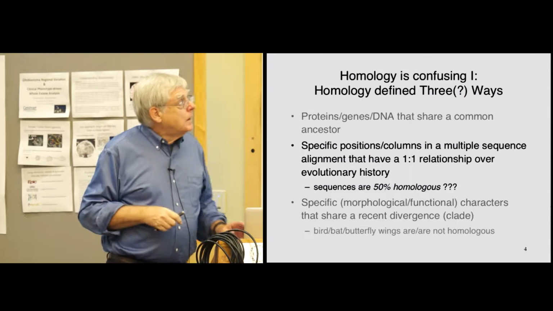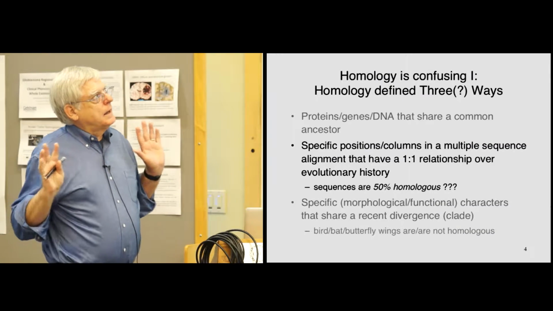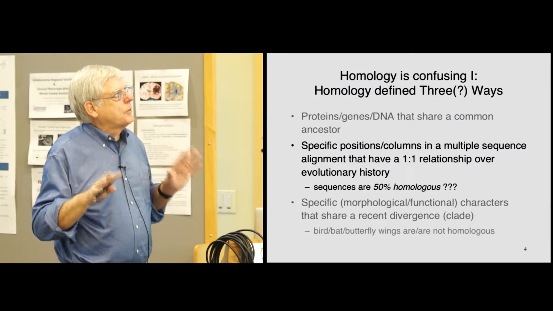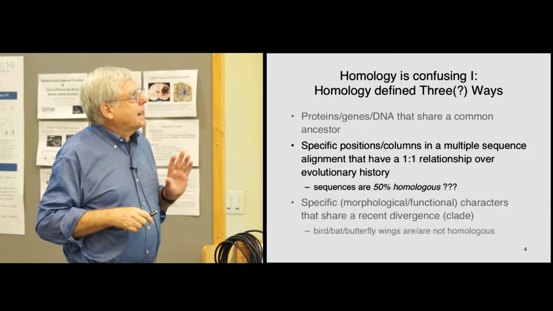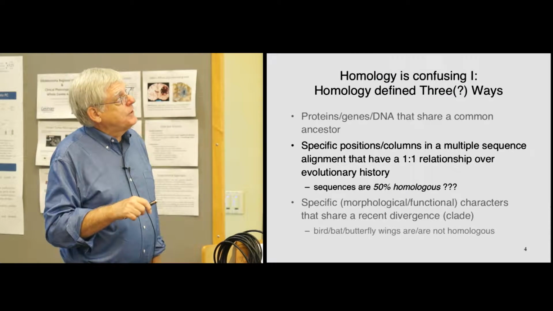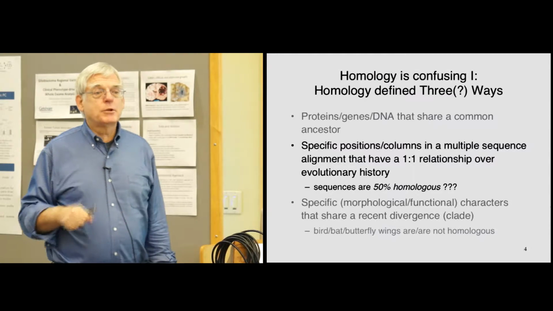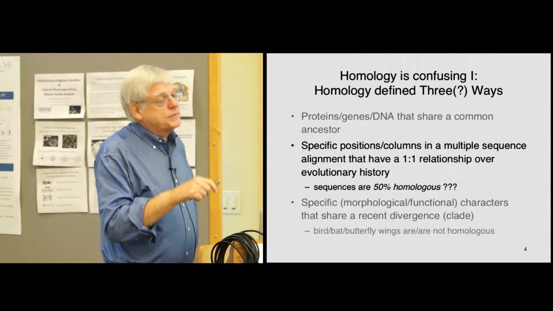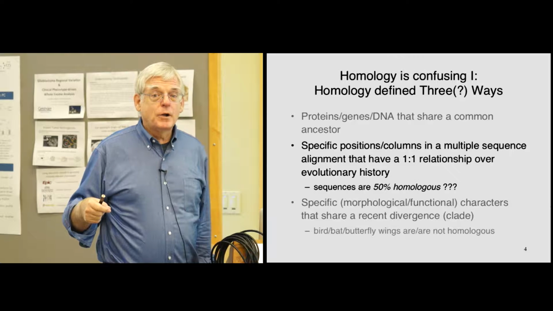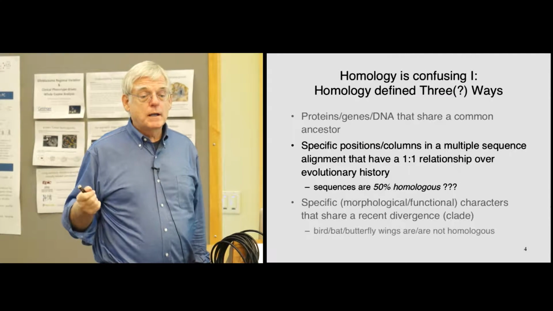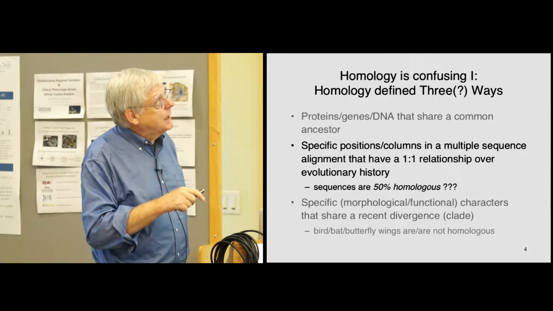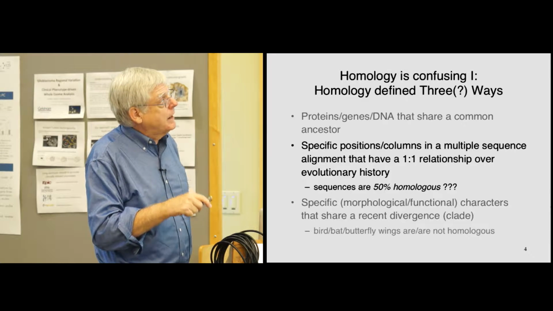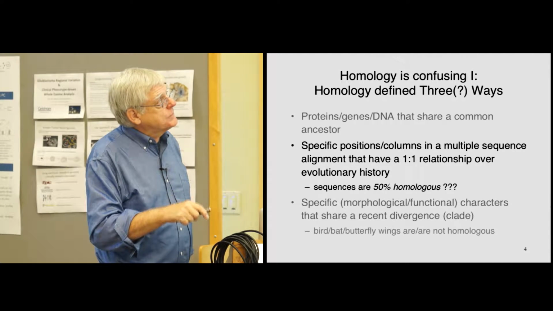Okay. So before I go into the actual algorithms, I want to go back and revisit what kind of homology we're talking about when we talk about a multiple sequence alignment. Because we have shifted from this version of homology, which I talked about all day yesterday when we were talking about doing BLAST searches and statistical significance, to now we're talking about this version of homology.